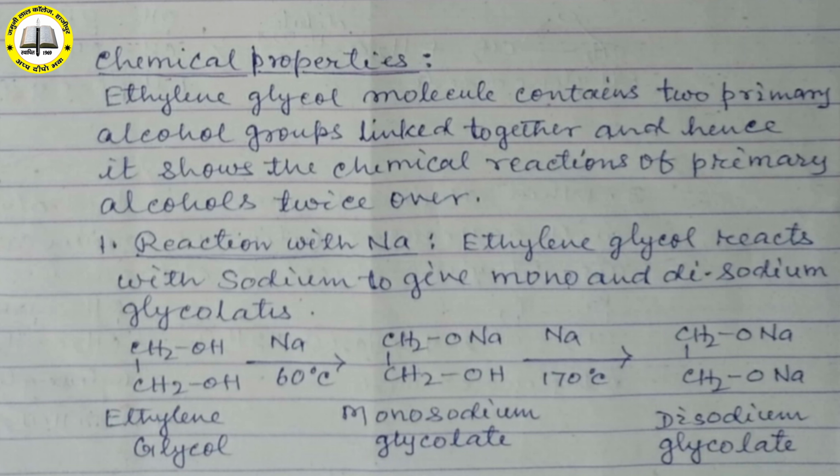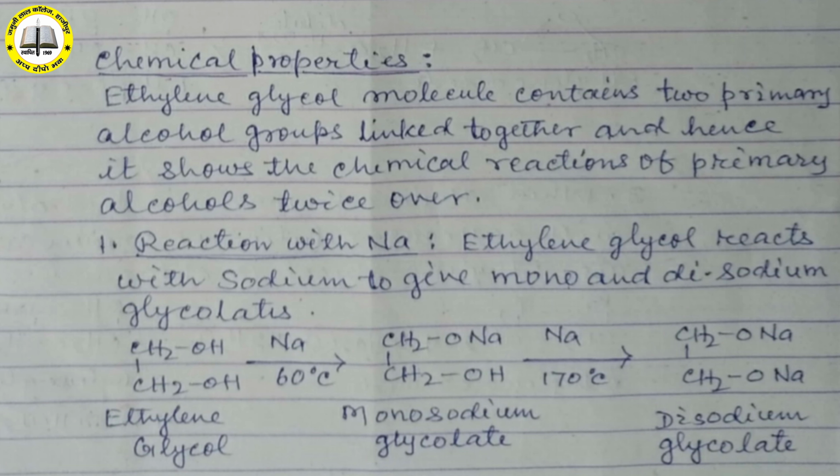The hydrogen atom of monosodium glycolate is replaced by the sodium atom. That means the sodium atom comes and the hydrogen atom goes out to give disodium glycolate.